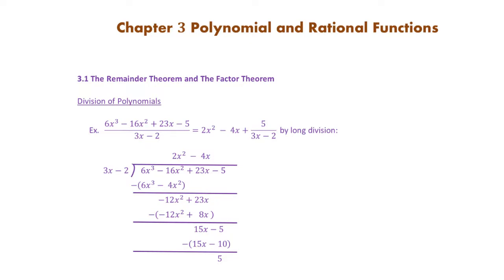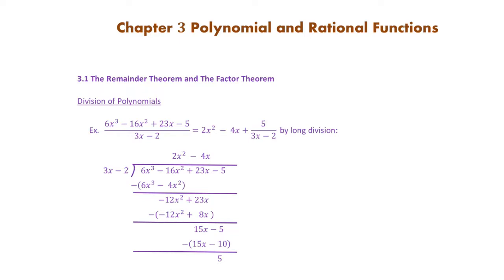And then the next thing is to divide 6x cubed by 3x. If you divide 6x cubed by 3x, you're going to get 2x squared. Put 2x squared on the top, and then multiply 2x squared with 3x minus 2. You're going to get the 6x cubed minus 4x squared, right?